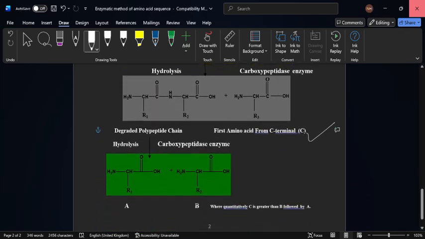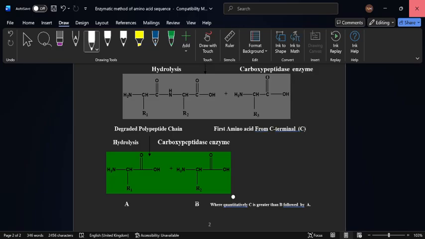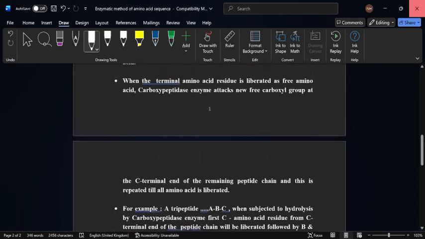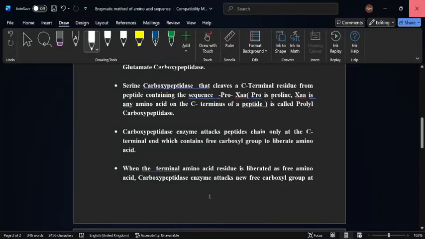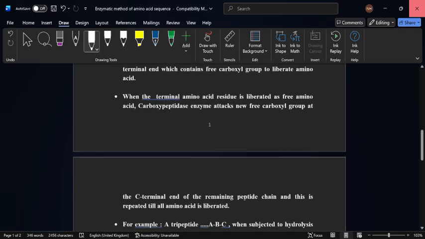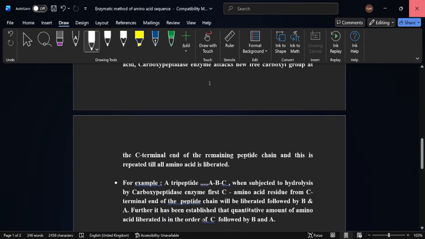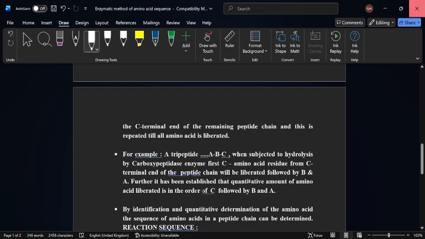So if you identify the first amino acid which is liberated from the tripeptide, and if you know the quantitative amount of amino acid liberated by the enzyme carboxypeptidase, you can find out what the ABC of the tripeptide is and what the sequence is.